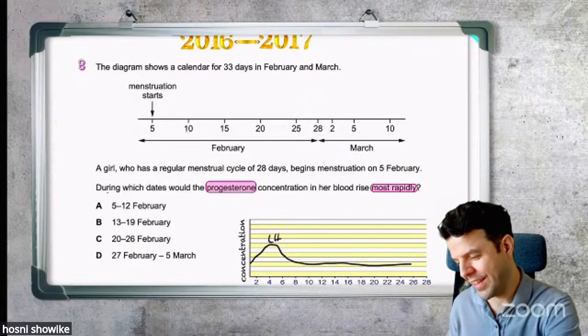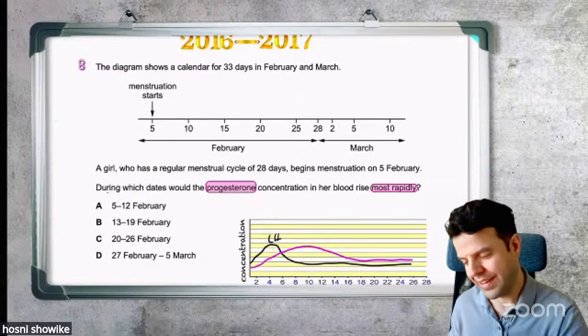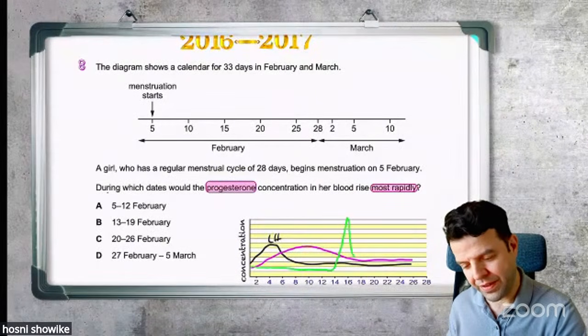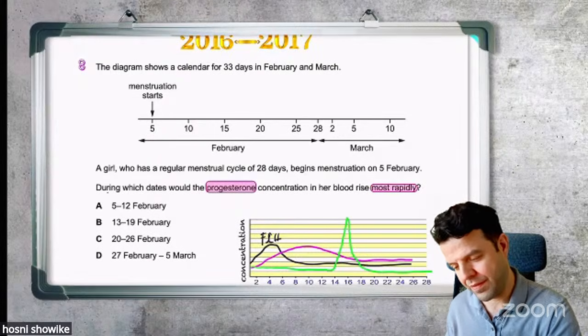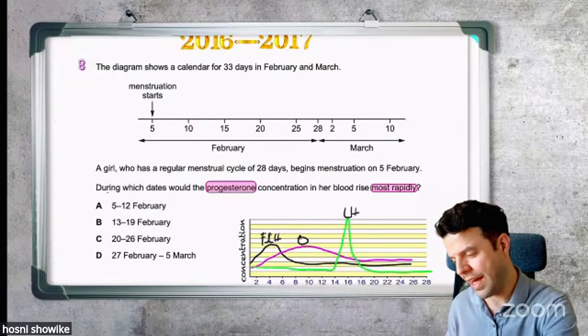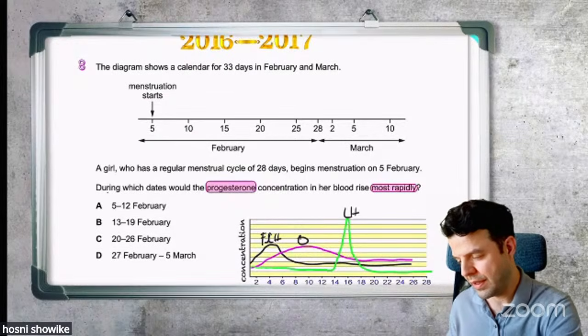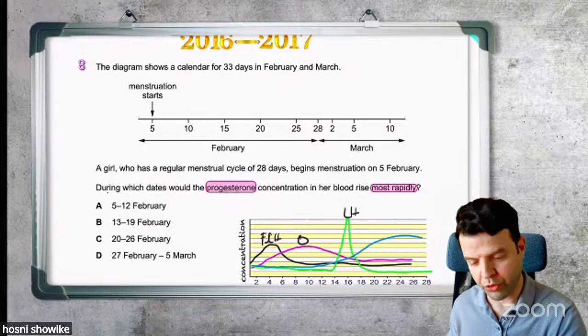LH first, then estrogen, then, here it is, FSH, LH, estrogen, and the last one to peak. What was the last one to peak? The last one was progesterone, right?